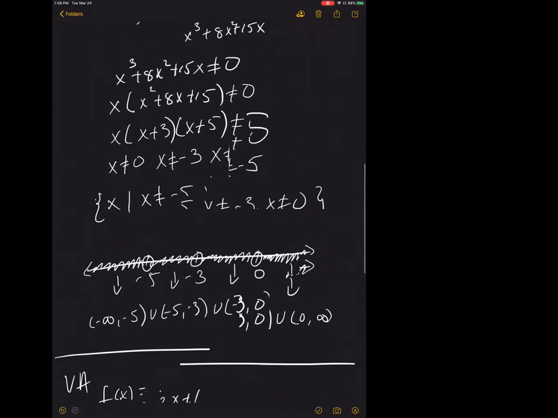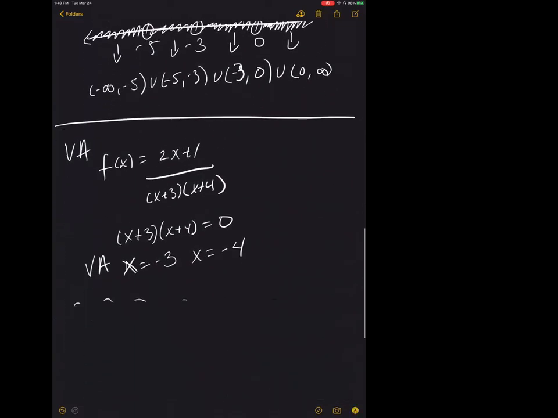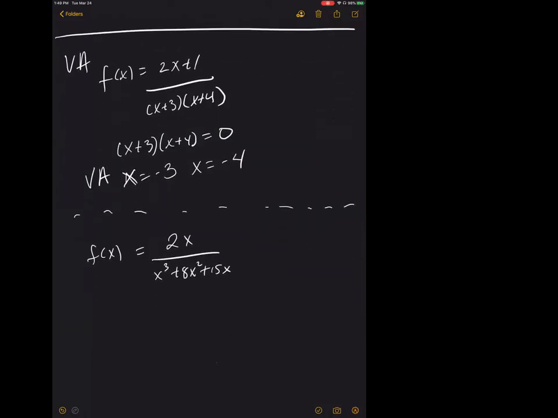In the other one we did, the vertical asymptote, f of x is equal to 2x over x cubed plus 8x squared plus 15x. Right, I gotta simplify this equation. So the first thing I have to do is factor the equation so I can see if there are any like factors.